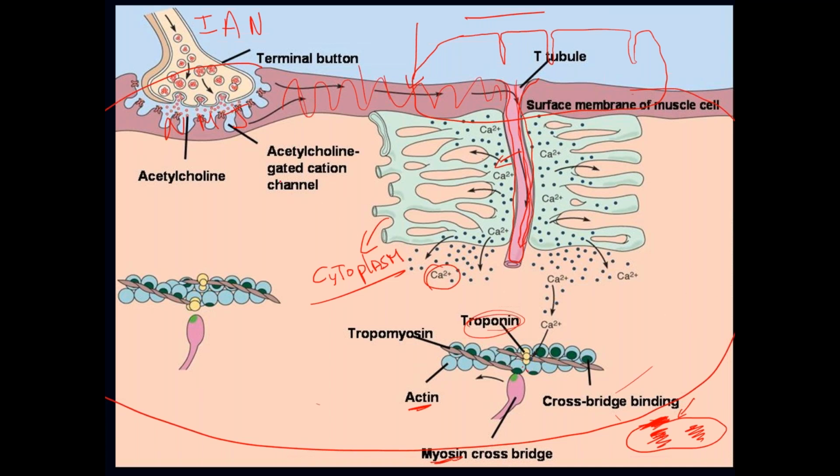So again, let's start again. Here we have the electrical impulse, right, coming from the motor neuron. Remember that is the motor neuron, and it is going to produce the release of acetylcholine. Where do they go? They go into the neuromuscular junction.